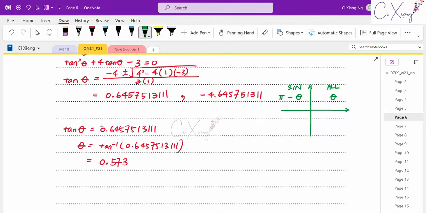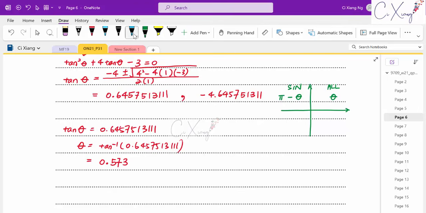I'm having tangent positive, so tangent positive means that I only want to consider the answer from the first quadrant, because the second quadrant is tangent negative, which I don't want. I only want the answer from the first quadrant where tangent is positive. So the answer from the first quadrant is basically the basic angle, and 0.573 is my basic angle. So that means this is my answer already for this equation.